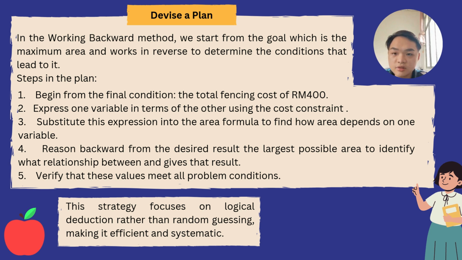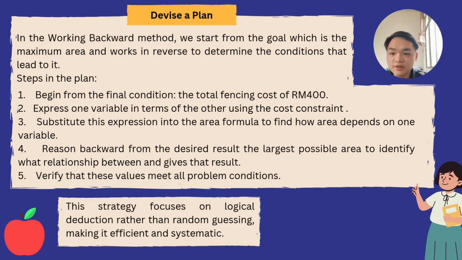Now we do step 2, which is devise a plan. In the working backward method, we start from a goal, which is the maximum area, and work in reverse to determine the conditions that lead to it. Steps in the plan: First one is begin from the final condition, which is the total fencing cost of 400 ringgit Malaysia, and express one variable in terms of the other using the cost constraint. 3 is substitute this expression into the area formula to find how area depends on one variable.